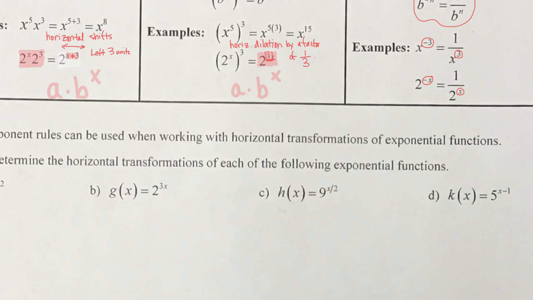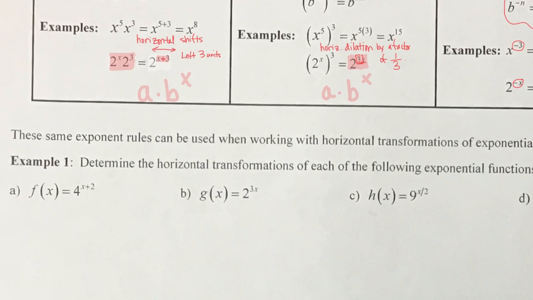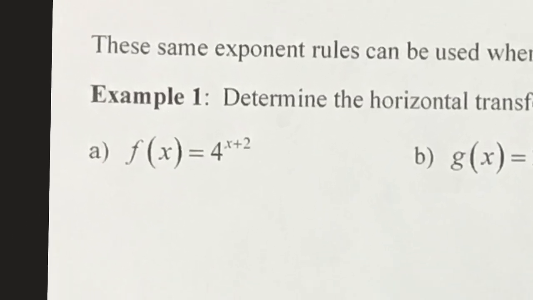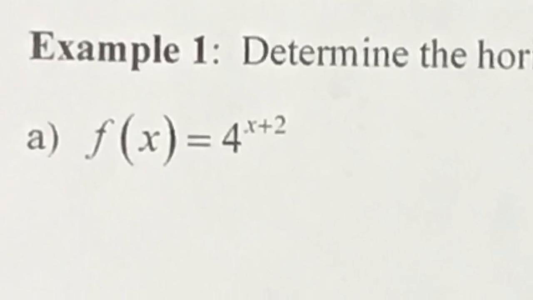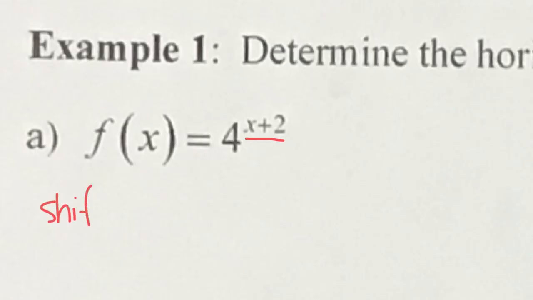Okay, example 1. What type of a horizontal transformation are we talking about with each of these examples? Let's do that first. F of x equals 4 raised to the x plus 2 power. So what direction does our horizontal transformation go? Left. And how many units? 2 units.